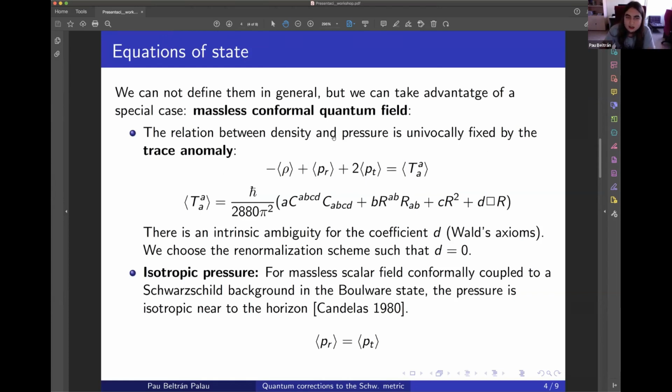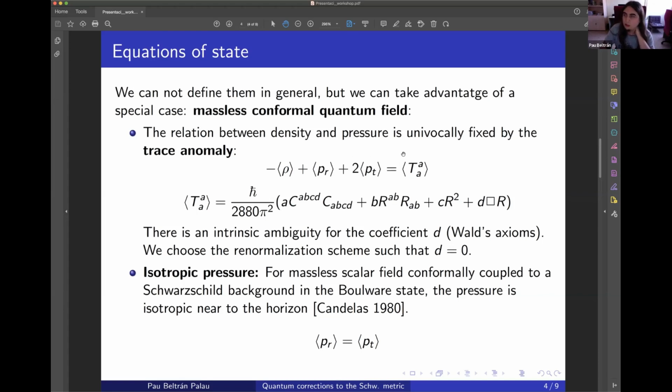We know that in general, for a conformal field, classically, the trace is 0, but in the quantum case, it's no longer true. And we know that the trace is given by this expression here, which is the trace anomaly, where C is the Weyl tensor. And these coefficients A, B, C, D here depend on which kind of field we are considering.